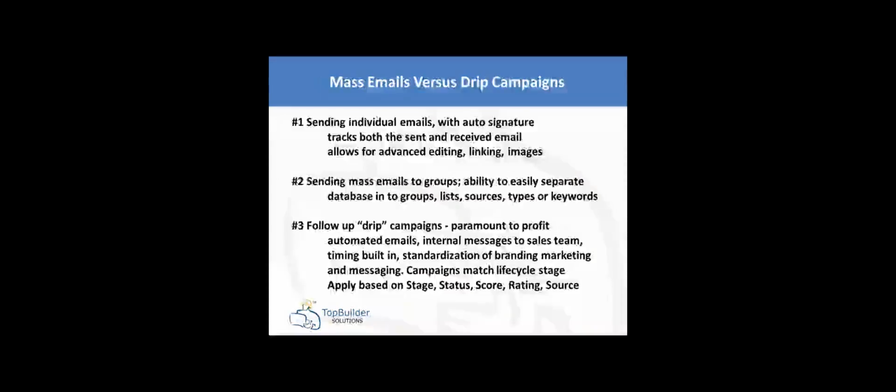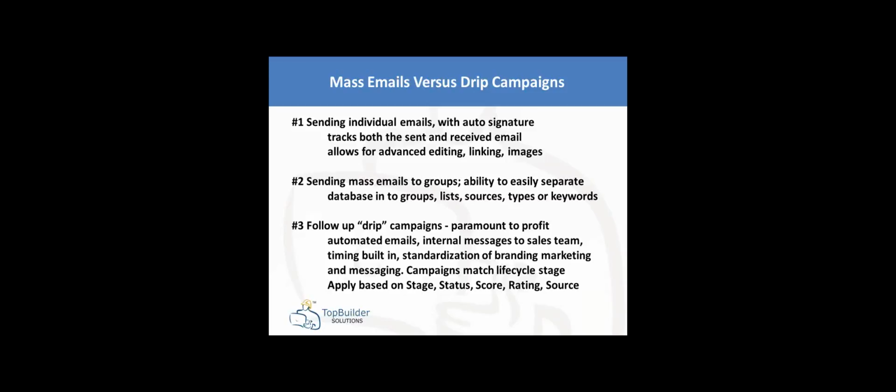Okay, and now let's talk about the ways that a CRM system can help you communicate. There's basically three ways every CRM system should have. You've got to be able to send individual emails, right? So I'm looking at John Smith, I click a button, I send an email, I can say whatever I want. I better be able to link an image or auto signature and some other things.